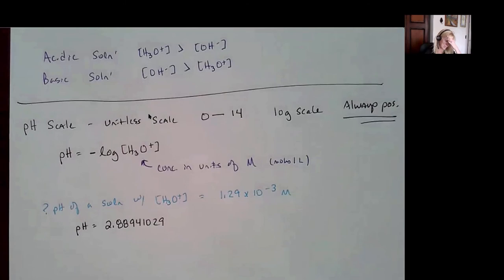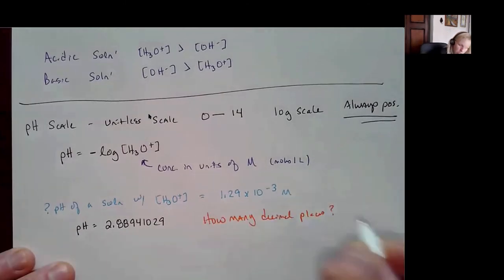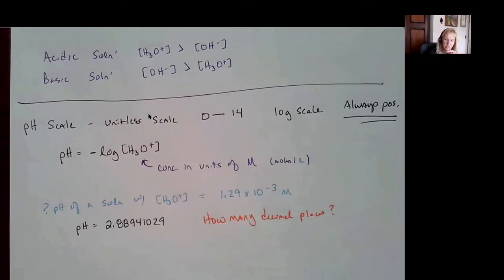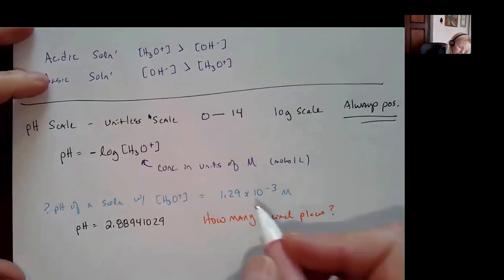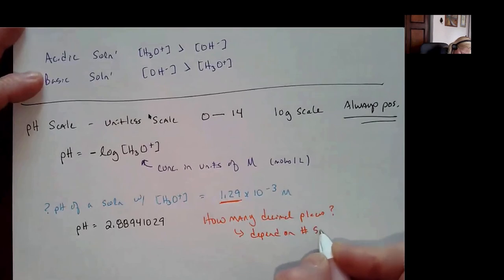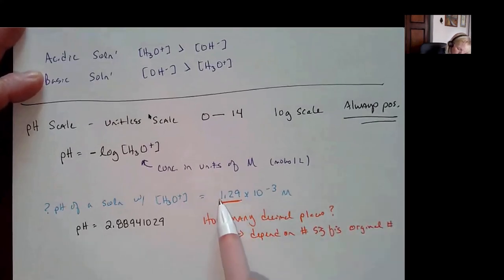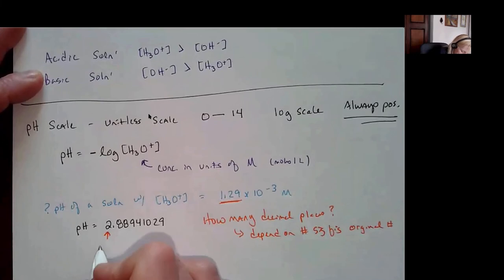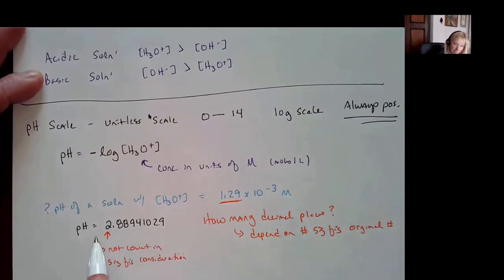So how many decimal places do you go out? There's no default. It's not like you're just going to default to 2. You're going to look back at your original number. It's going to depend on the number of significant figures in your original number. In my number here, I have 1, 2, 3 significant figures. So I'm going to go out 3 decimal places. I'm not going to count this as a significant figure, because this is going to tell me how many base 10 logs I have.